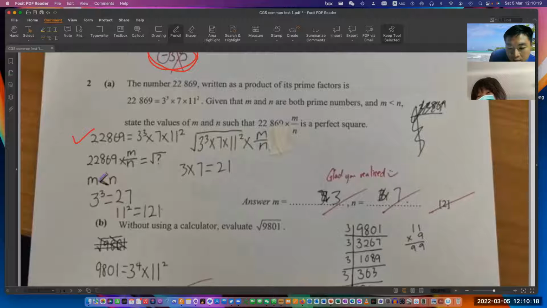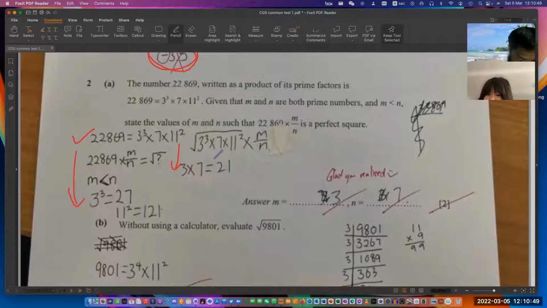I think your answers are right, but your working doesn't show that you understand clearly. So now I realize that the more important part is not the answers, but how you present your answer. Your way of presenting your answer here is not very clear.